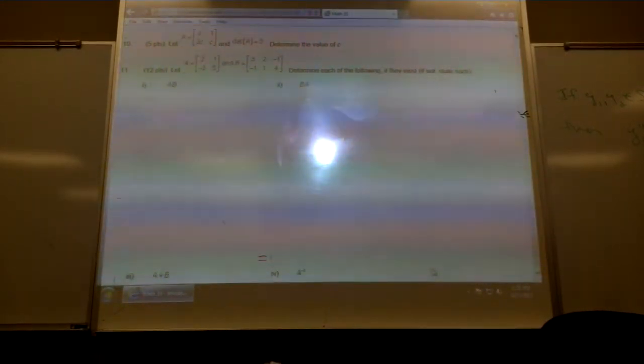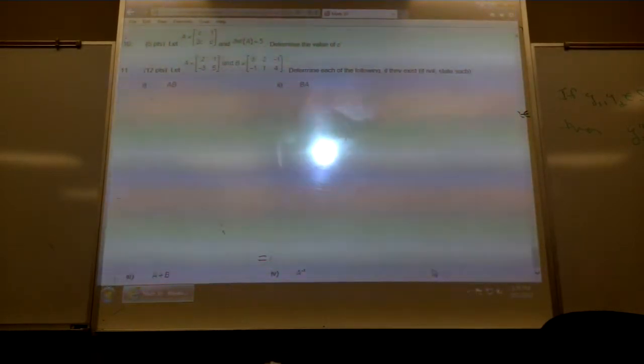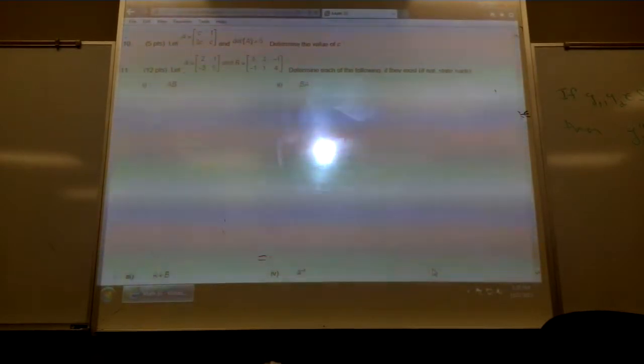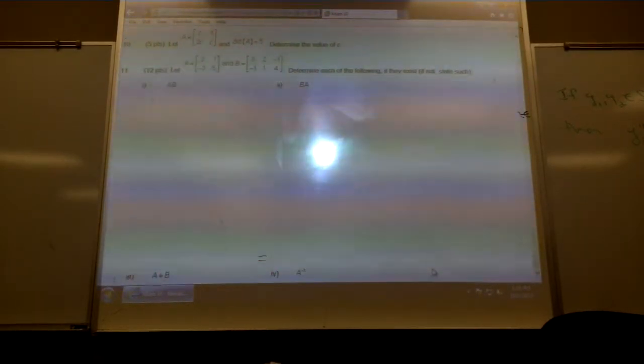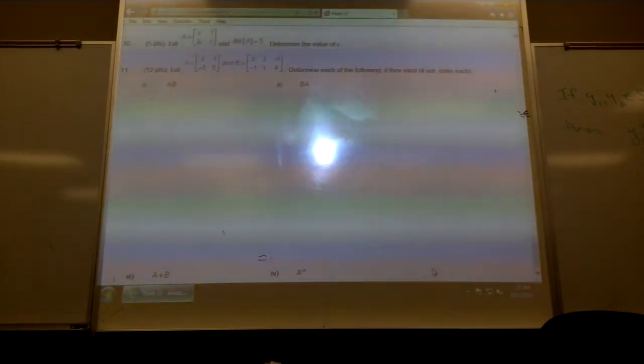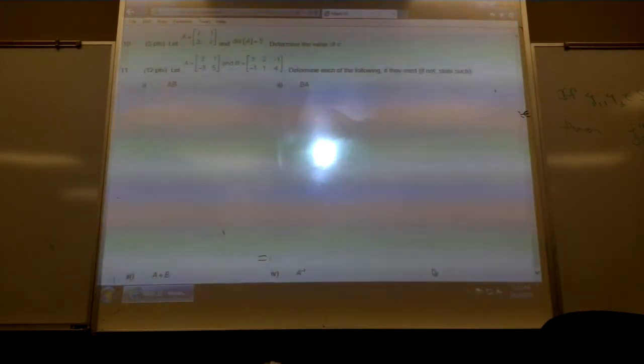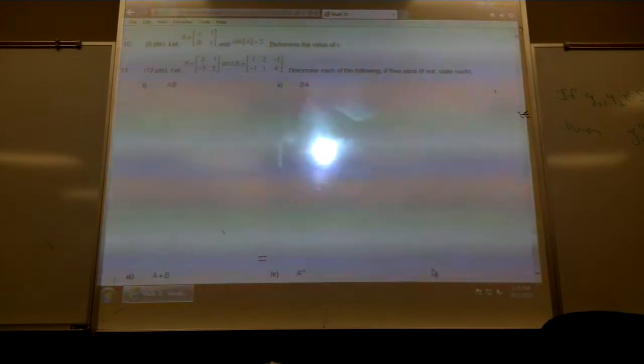Is AB defined? Yes, the number of columns of the first is the same as the number of rows of the second. Is part 2, BA, defined? No, because the number of columns of the first is 3, but the number of rows of the second is 2. What's the answer to part 3?